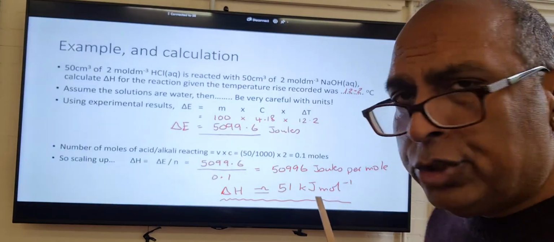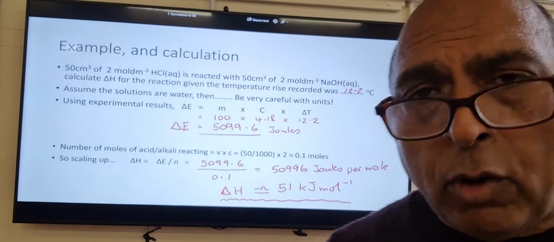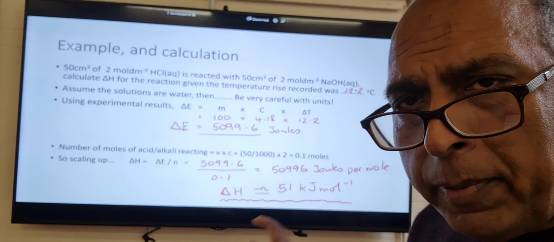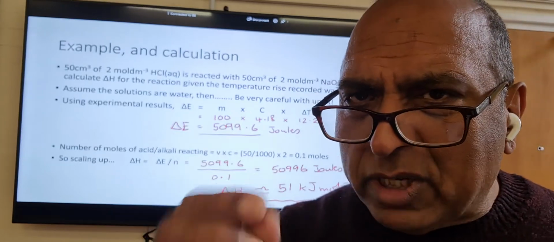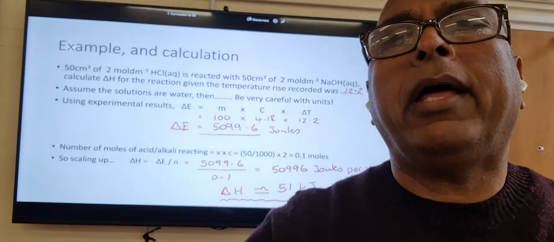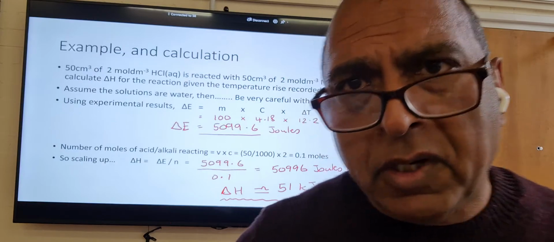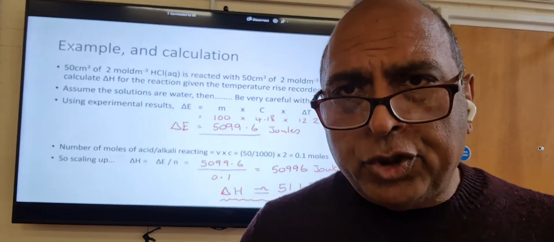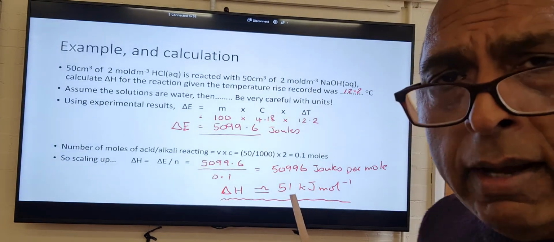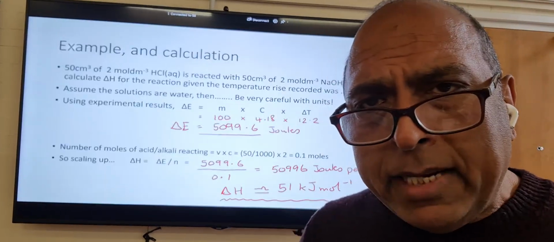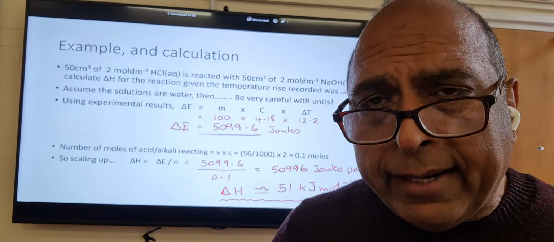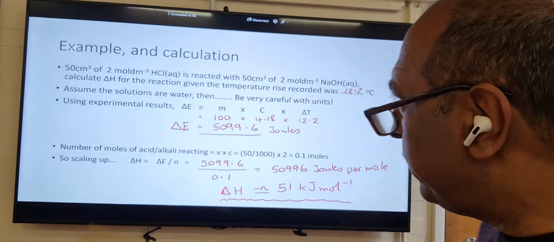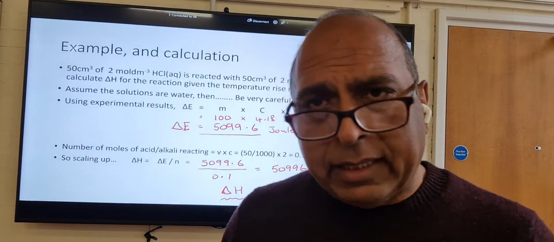In fact, kilojoules per mole is the most common unit of energy in this topic because 1 joule is very tiny. So 1,000 joules, a kilojoule, is what we normally measure in, and we always do per mole because it's however many moles are in the balanced equation. And that is the calculation, and you've got to be able to do calculations.